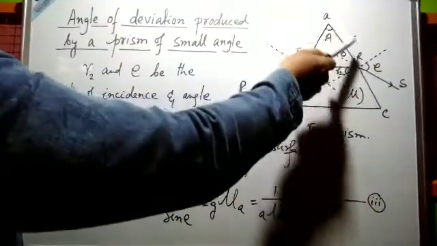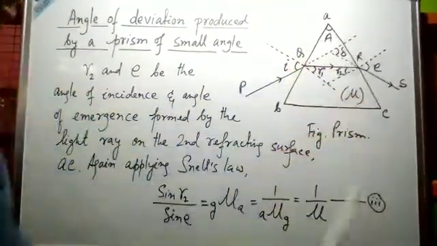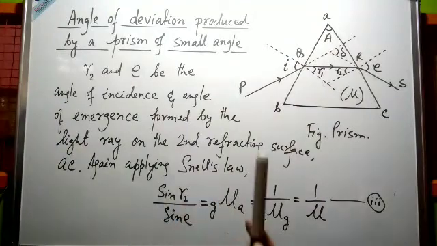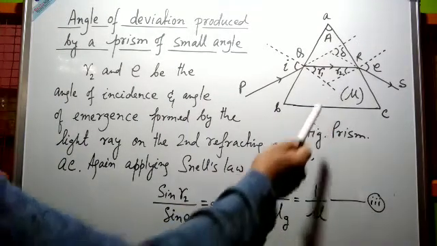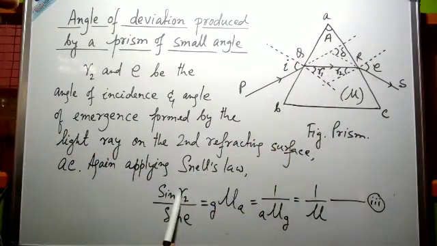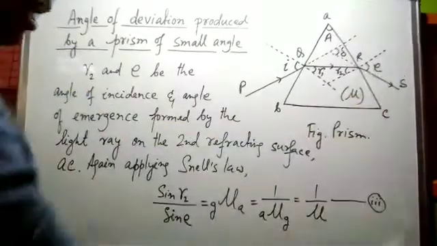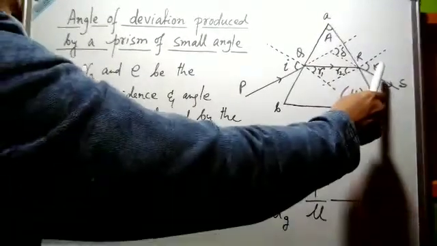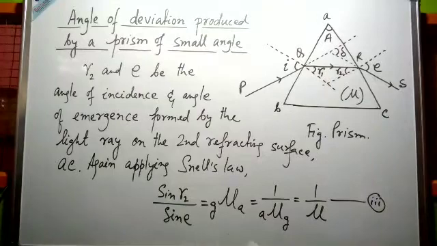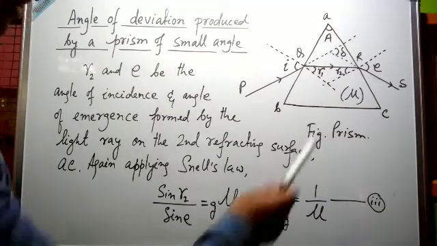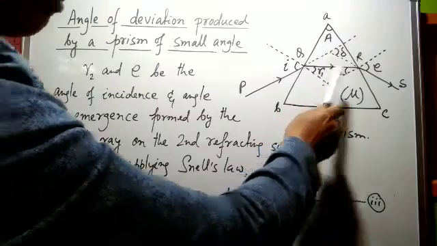Now on the second refracting surface AC, applying Snell's law, the sine of angle of incidence is sine of R2, and the sine of angle of refraction, here the angle of emergence, is sine E. So sine R2 by sine E equals the relative refractive index of air with respect to glass.